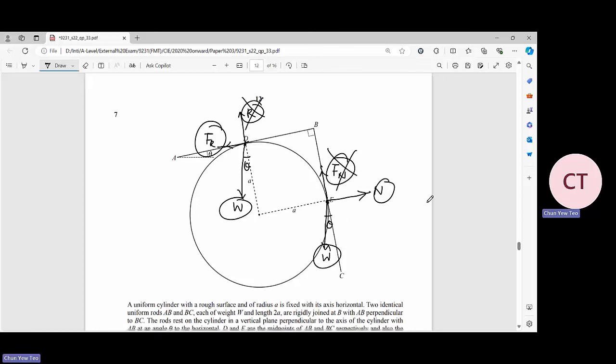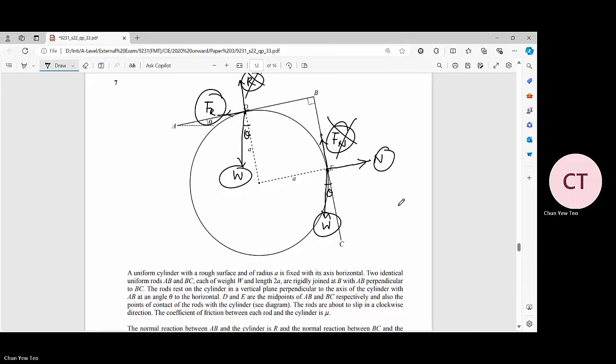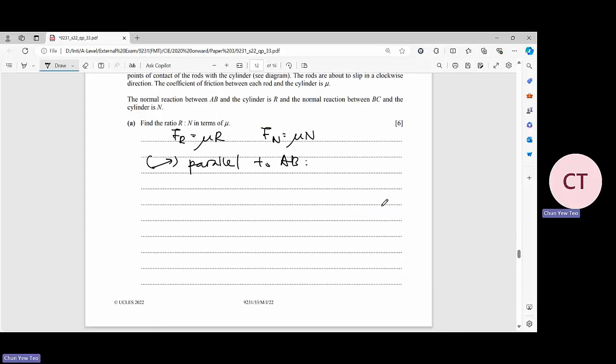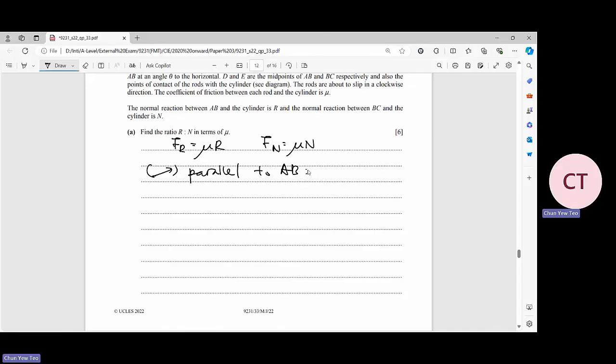So N is equal to W sine theta plus W sine theta plus Fr. Therefore N equals mu R plus 2W sine theta.